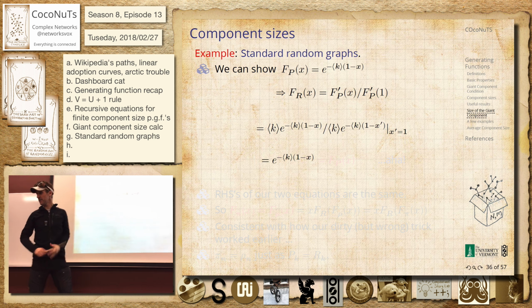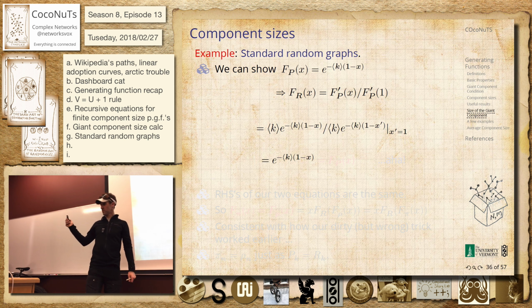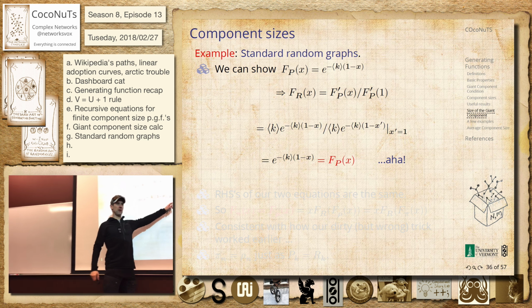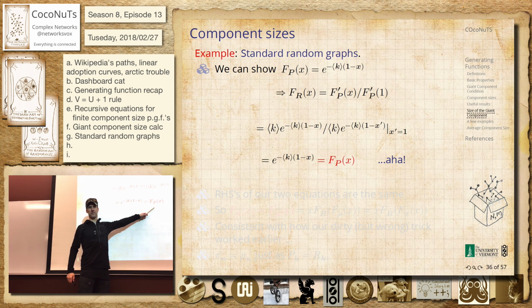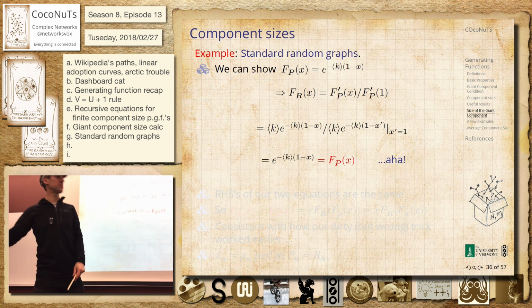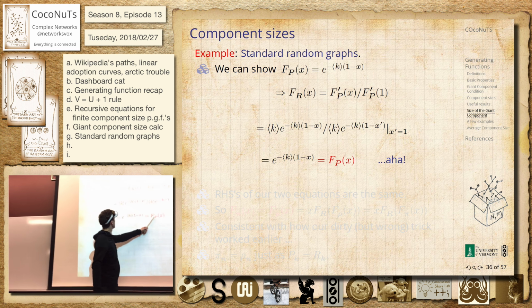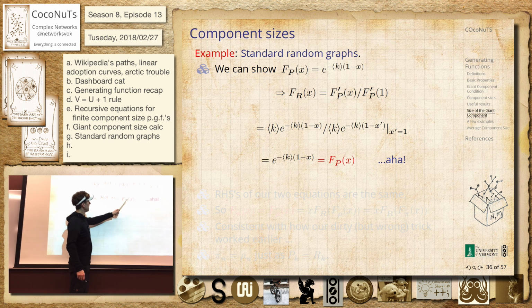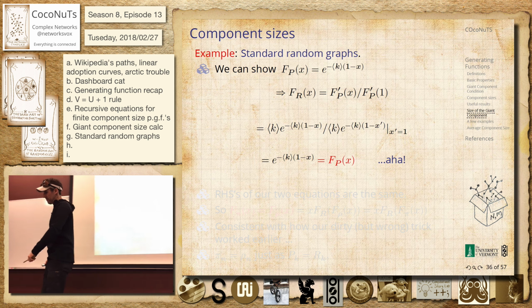And this is what you observe here: this is the same generating function. We've kind of traversed this before, but the generating function is the same, which is a unique connection. So F_P of x is F_R of x, and that's the case for these Poisson beasts: the p sub k and r sub k are the same.